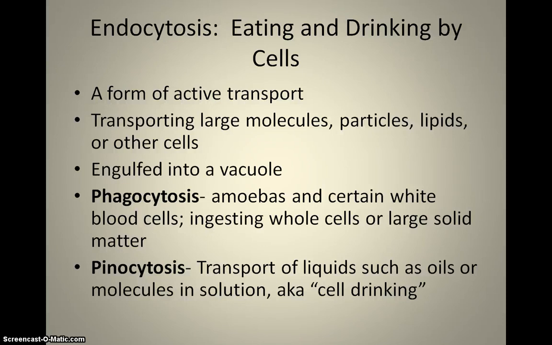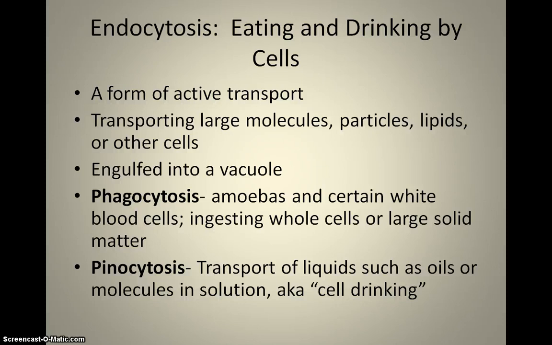And so some organisms can undergo forms of active transport. And when they actively transport stuff, they're either bringing stuff into the cell or putting stuff outside of the cell in order to balance out that osmotic pressure. So large molecules and particles can be engulfed or endocytosed into the cell in a vacuole.